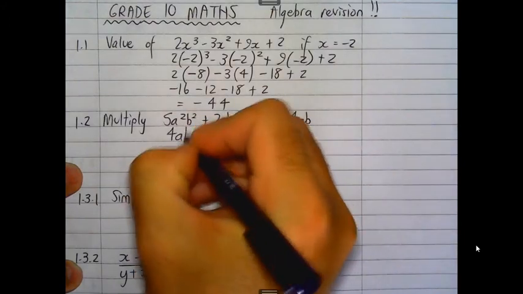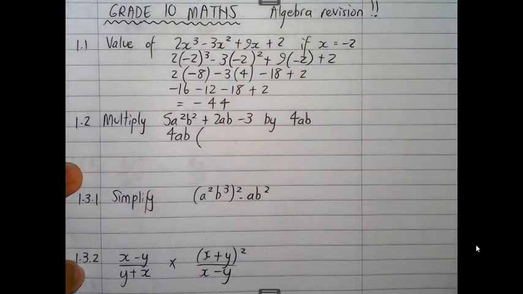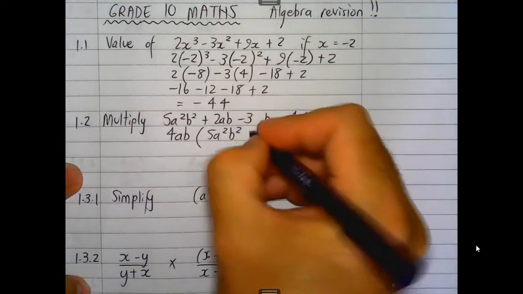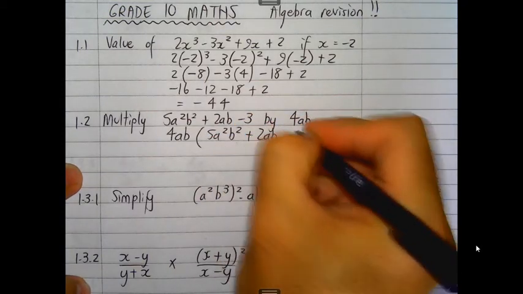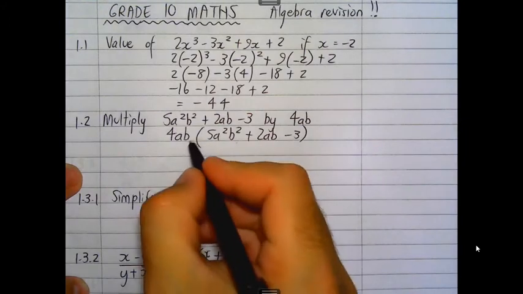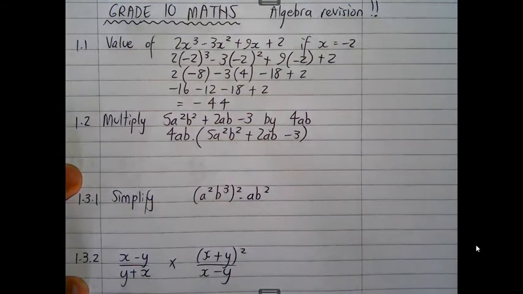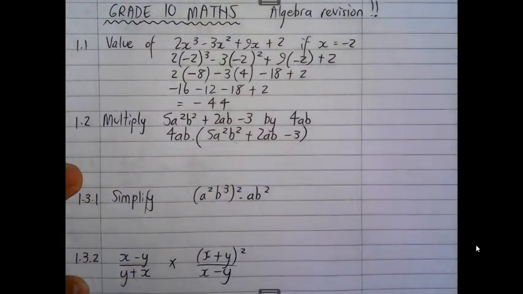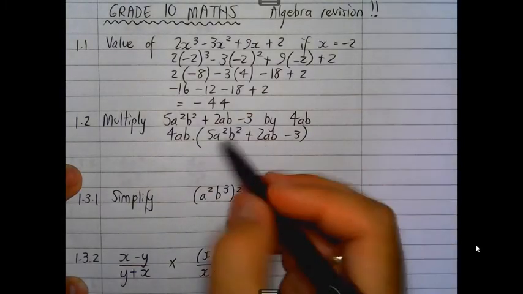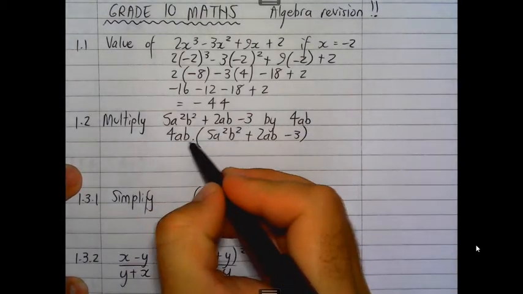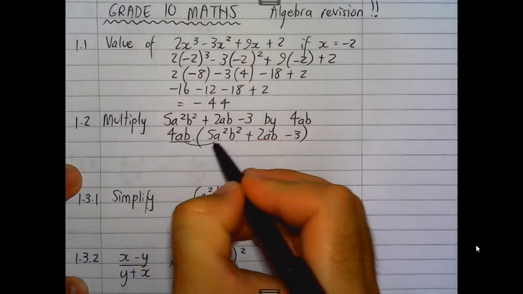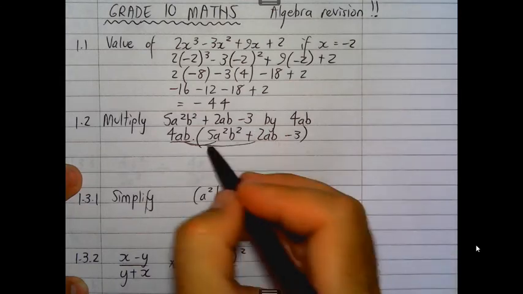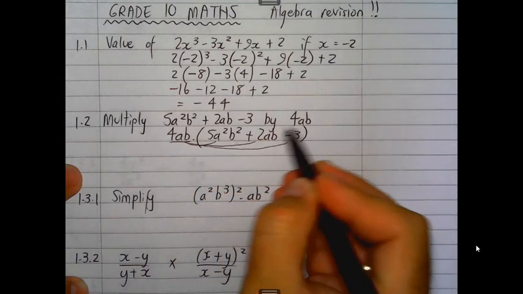Watch. 4ab must be multiplied by 5a squared b squared plus 2ab minus 3. Do you see that? There's a little dot there, or a multiplication sign, and that is being multiplied by this whole expression. Now, the distributive law tells you that this 4ab must be multiplied into that term, multiplied into that middle term, and multiplied into the negative 3.